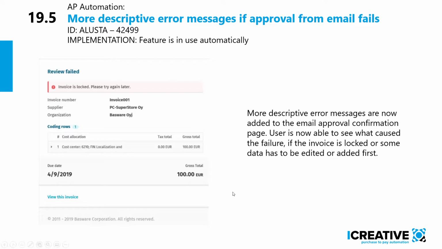This can give a lot of help on why it's not possible to review or add coding towards an invoice from your email. So it's an improvement which makes it easier and more clear what the next step can be.